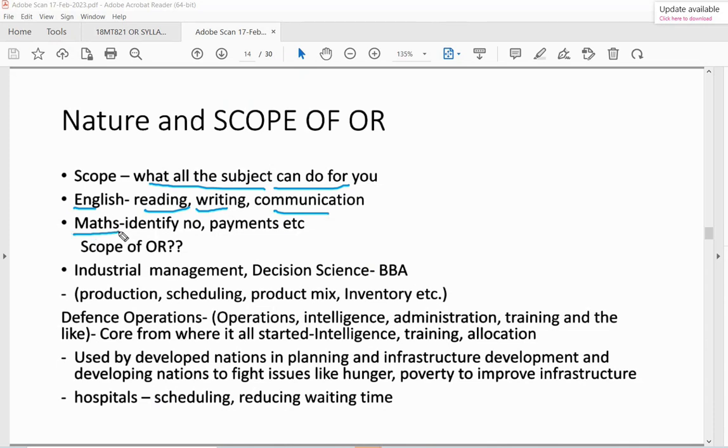Then maths will be used for defining the problem and for solving those problems. It means it has to define the number of payments or the extraction of the system which is required. For that reason, mathematics is required.